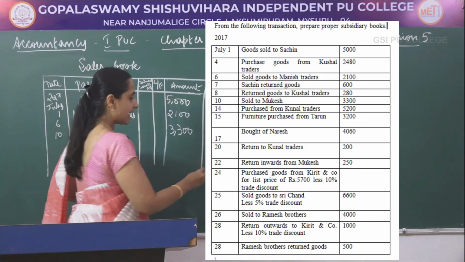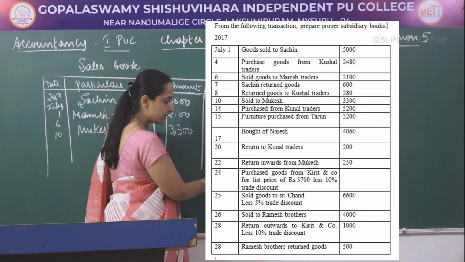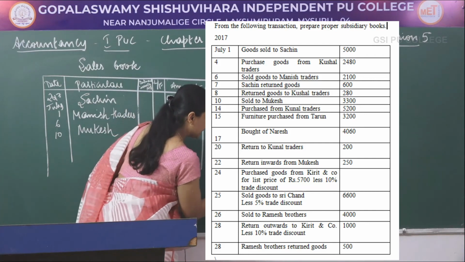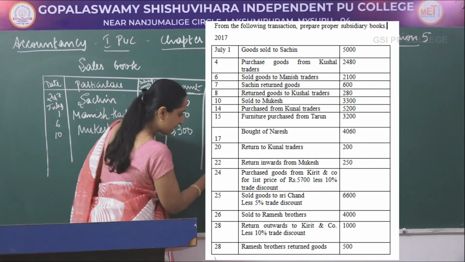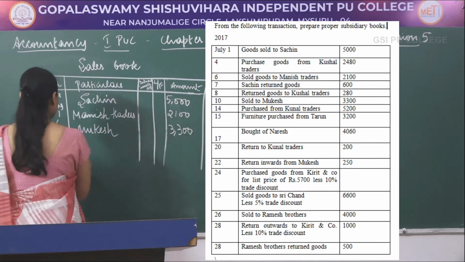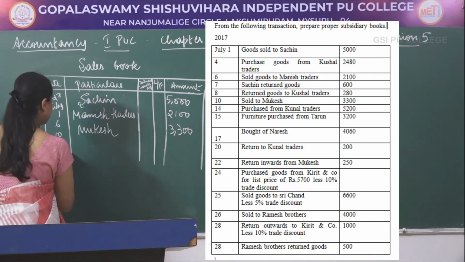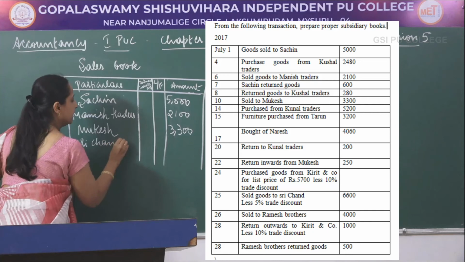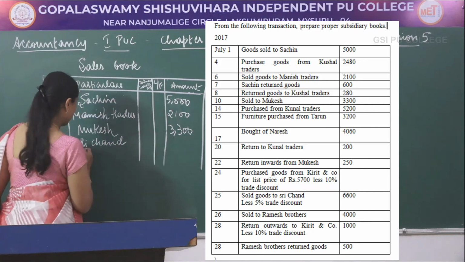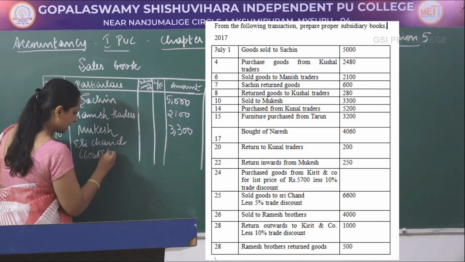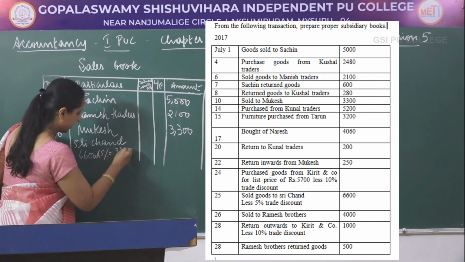If we calculate a 5% discount on 6,600, we get 330. On 25th, we had sold goods to Shri Chand worth rupees 6,600 and we are giving a 5% discount. The discount comes to 330.